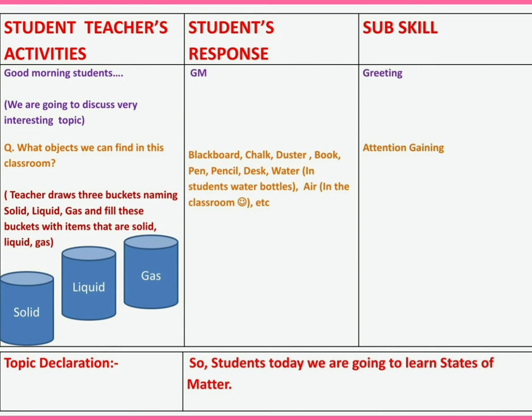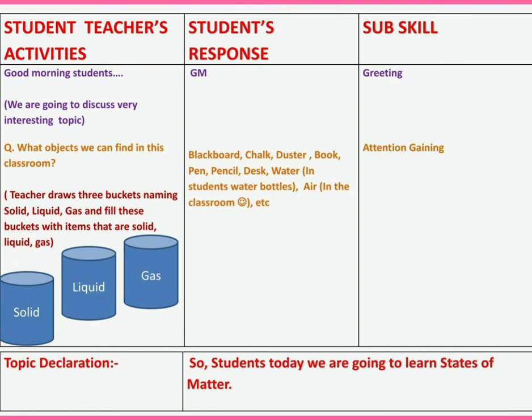So naturally, when a teacher enters a classroom, he or she will greet the class and the class will respond to that greeting. After that, use the set induction skill and declare the topic. As the topic is states of matter, the teacher may ask a few interesting questions related to that topic just to check the previous knowledge of the class.